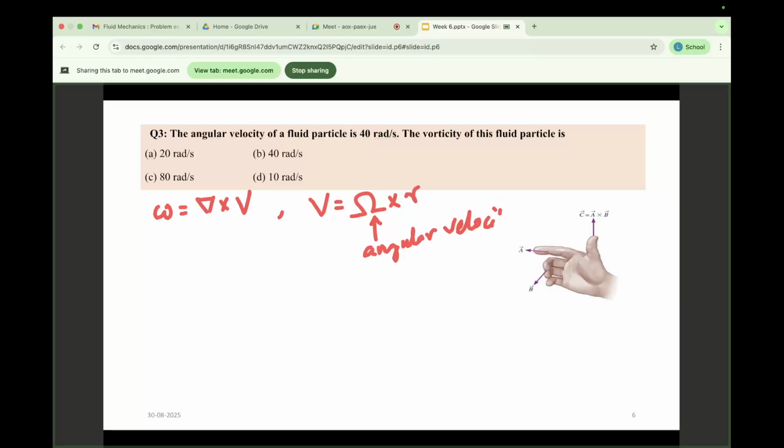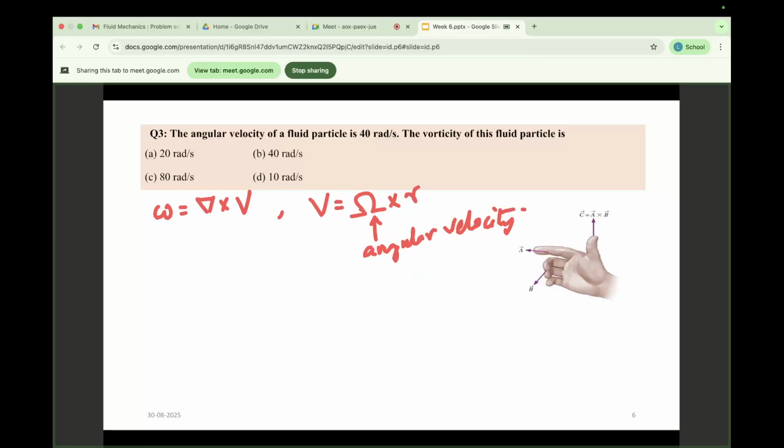You know this even from class 10, 11, 12, that v equals omega r. Since I have represented vorticity as omega, I have just changed the representation for this angular velocity. That is for representation purpose: not omega, this one is ohm.